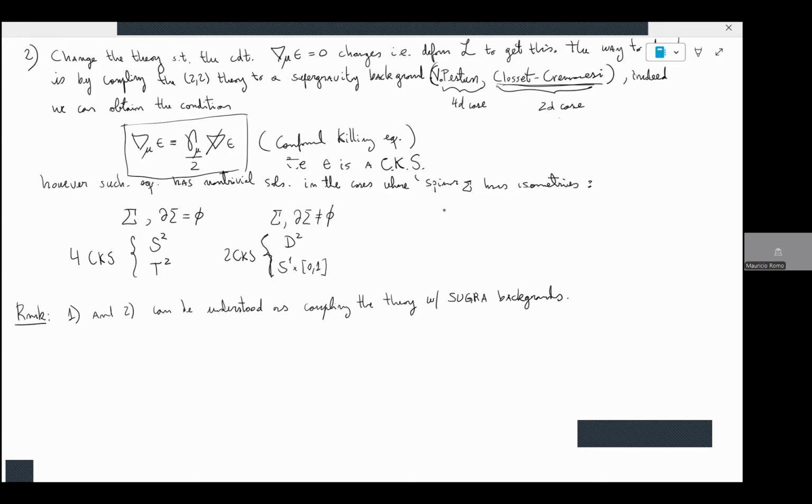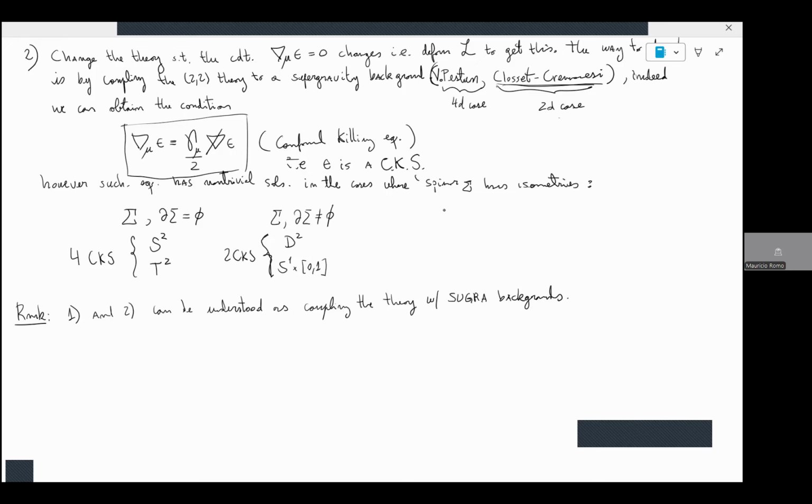Now you have to, of course, be careful what you call the symmetries of your theory. Because if you said, okay, I want to forget about gravity and I just want to consider the theory on the sphere, well, then what I said at the beginning about all this Lorentz group on flat space doesn't really hold, right? Because I'm not in flat space, I'm on the sphere.